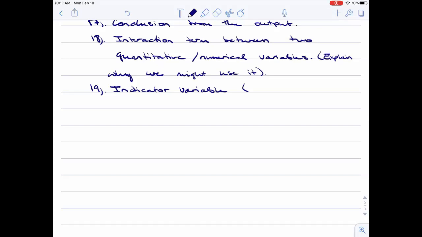Someone lives, they die, a 0, 1 situation, so that's an indicator variable. I'll say interpret the model. So you'll have a model with an indicator variable. What does it mean? Maybe build the models for both of them.